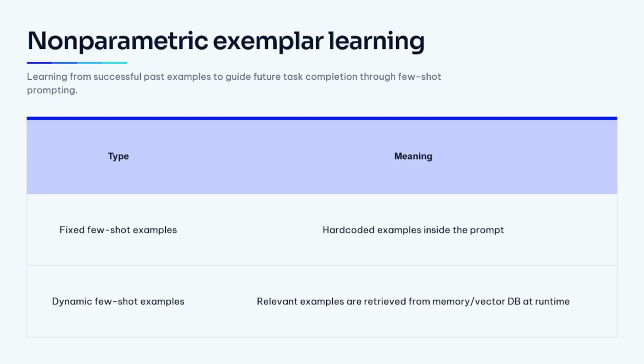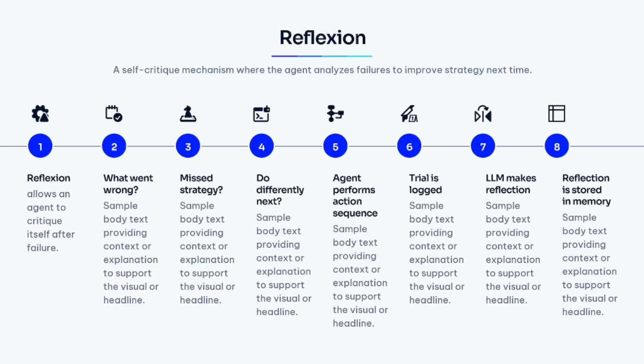So you can develop few-shot examples into the prompt, giving examples of how to do a particular task, hard-coded into the prompt, or these few-shot examples can come from a third-party database, which is the RAG database, where information has been chunked and embedded and can be retrieved using hybrid search, semantic and keyword-based search.